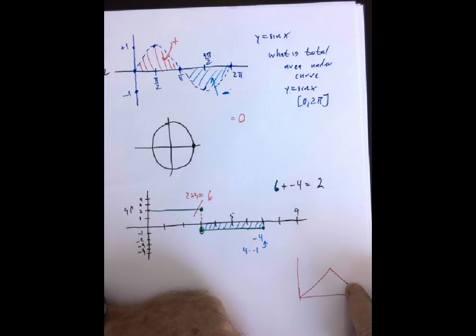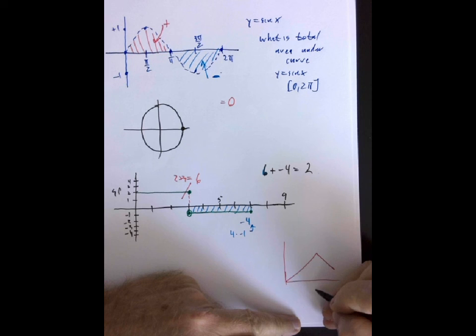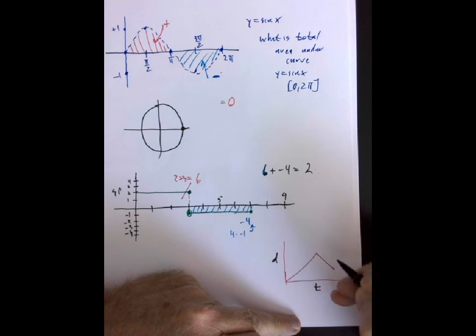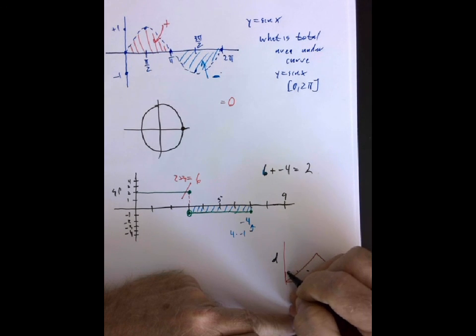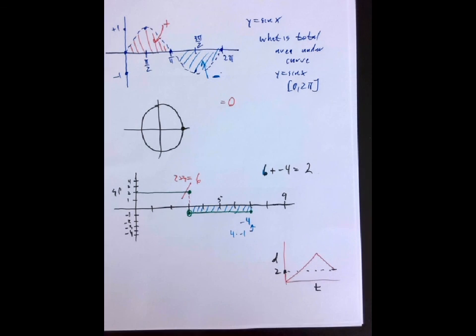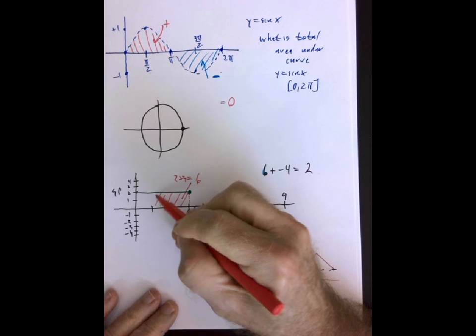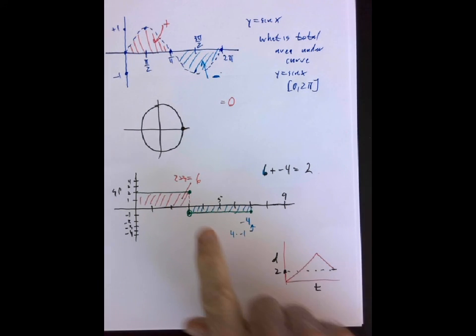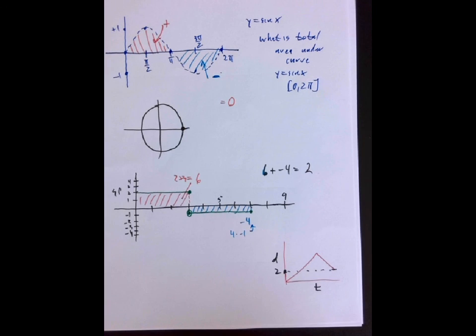So if it's the time and distance graph, the net distance that person has gone is 2. Okay. Does that make sense? It's a very important point about taking integrals, that when we calculate them, area above will be positive, area below will be negative. Okay, that's enough.